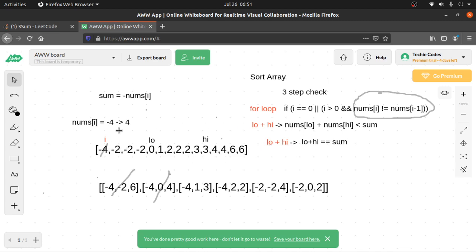So our sum is 4. We are looking for a number that's higher. Okay, so we increment low, high stays here, and 3 plus 5, again this is higher. So we decrement high here.